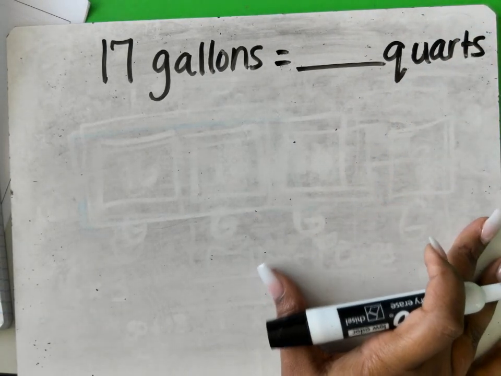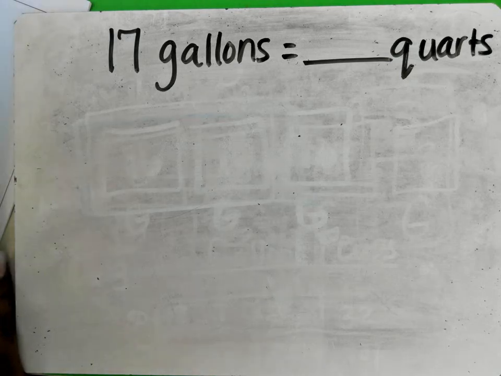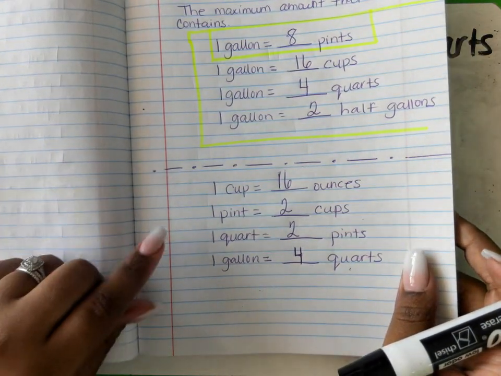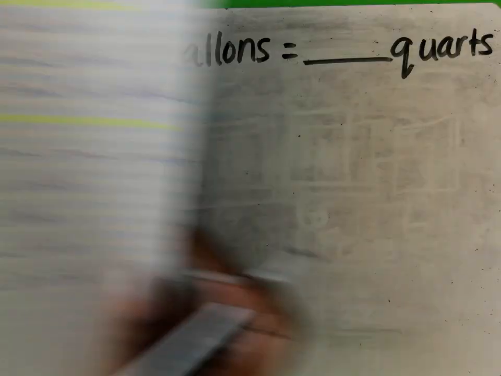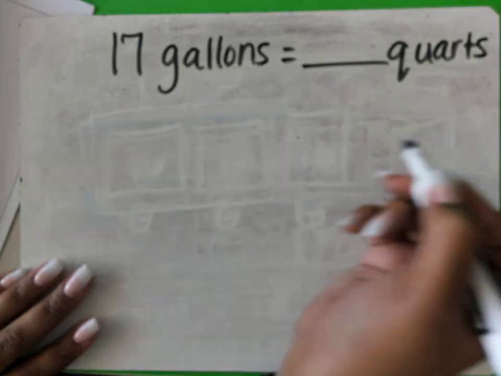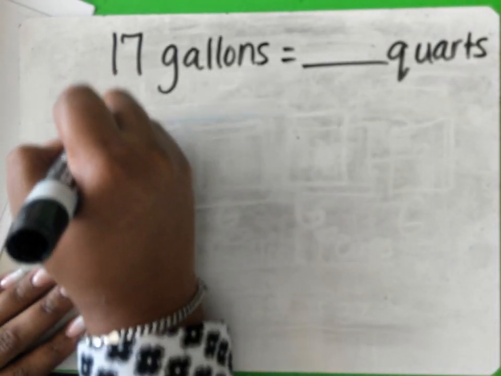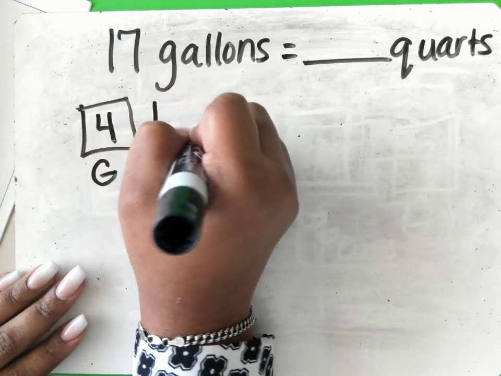Okay? I know, according to my conversion chart, that 1 gallon is the same as 4 quarts, right? So that means for every gallon I have, there is 4 quarts. So I can draw 17 gallons if I want to, with 4 quarts in each.